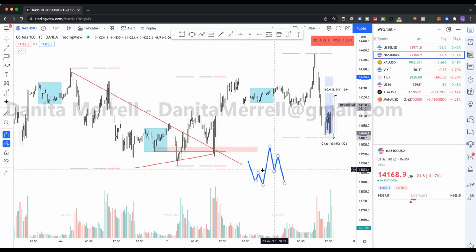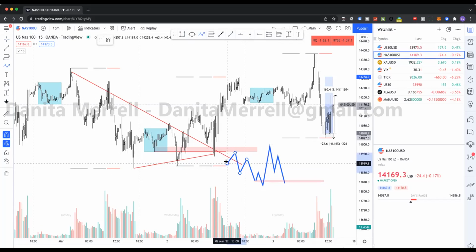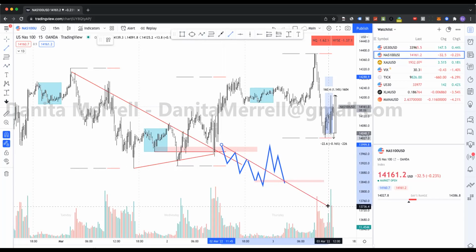Okay, so instead of entering at the break and retest zone, I'm waiting for this to get taken, right? I'm waiting for this to get taken and then having my entry here. So I can combine the setup as a wedge, right? Like that.